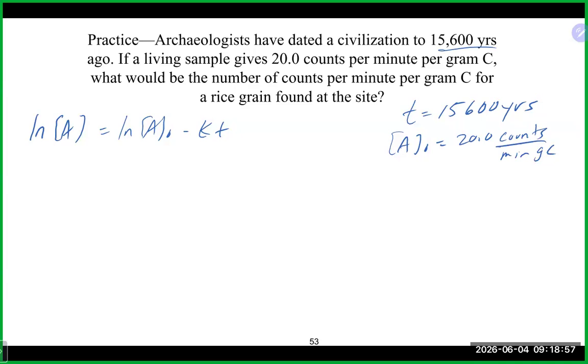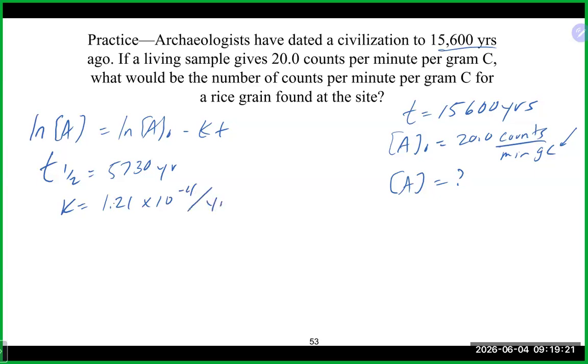We're looking for how many counts we have at the end. Once again, we need to get the decay constant. Because this is carbon, we will use the same half-life as in the previous one, 5730, which will yield the same decay constant, 1.21 times 10 to the minus 4 reciprocal years.